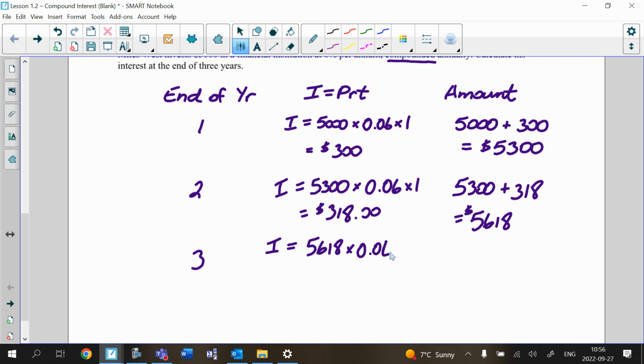And we get $337.08, which means how much money he has now is $5,618 plus $337.08, $5,955.08.